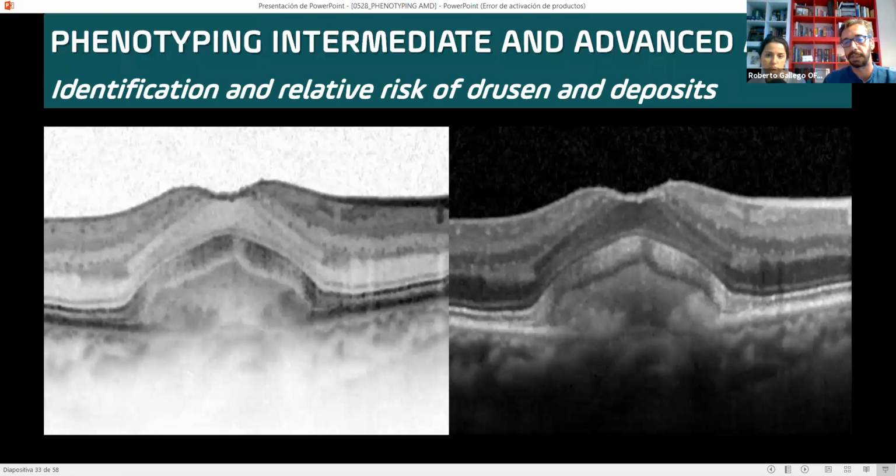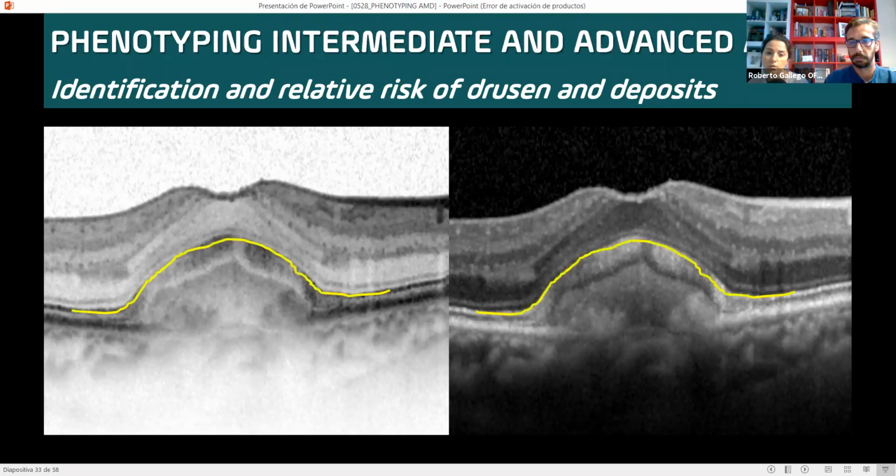There are several parts. What I would suggest is always look for the ELM, because the external limiting membrane is preserved normally, and that differentiates acquired vitelliform lesions from other hyperreflective lesions in the subretinal space, like type 2 lesions.